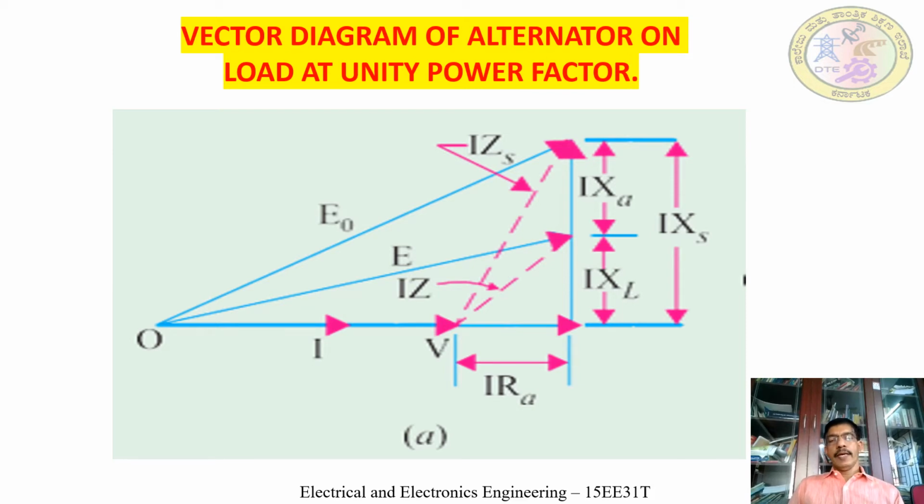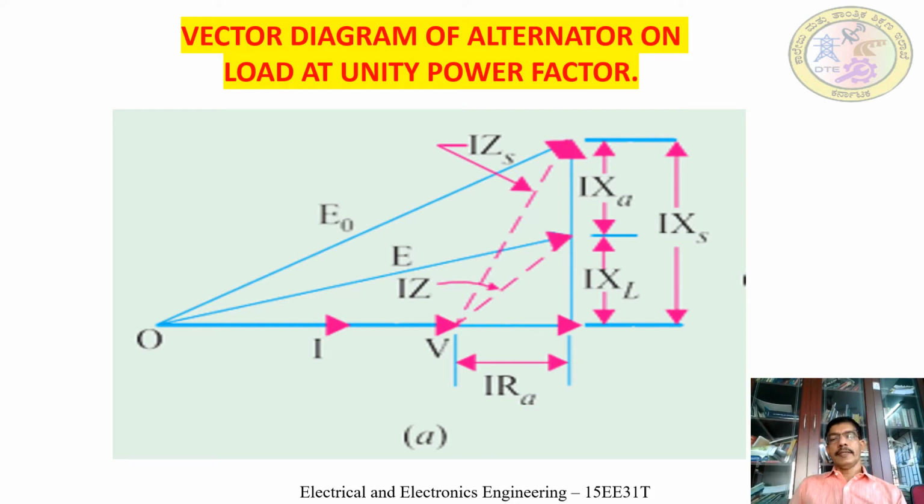Next drop is IXL, armature leakage reactance drop. It is always 90 degrees to armature current I, so vertically up. So add V plus IRA plus IXL.